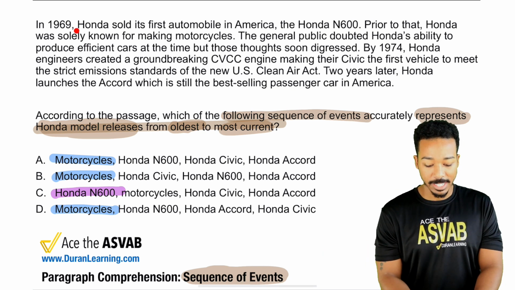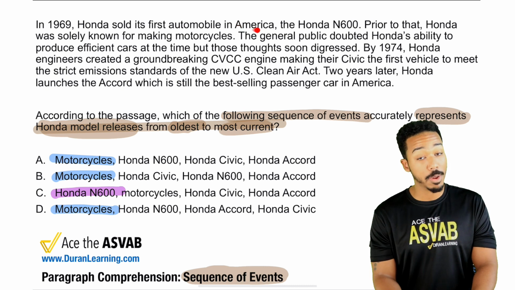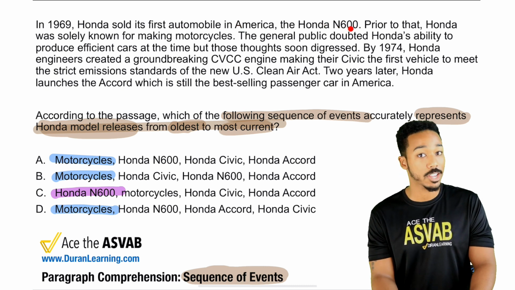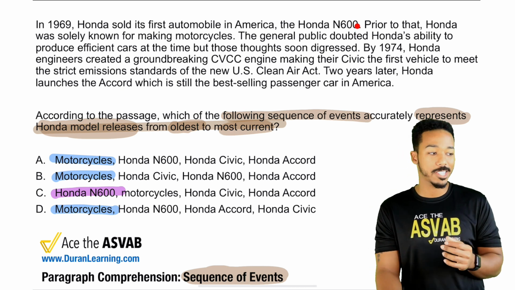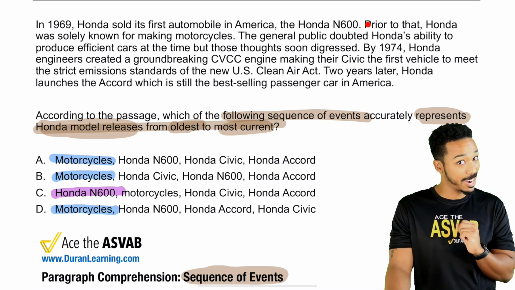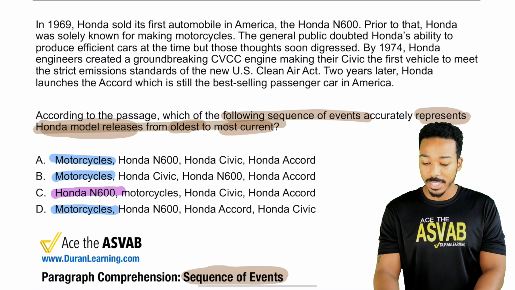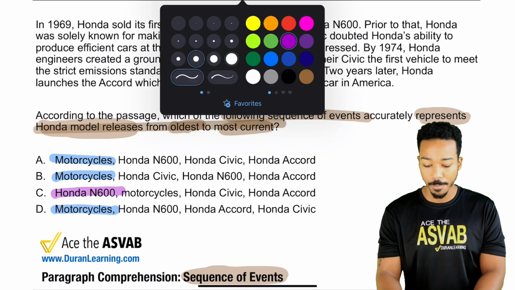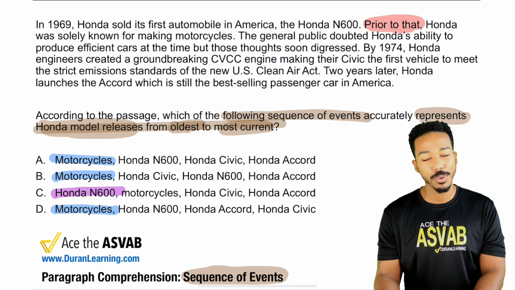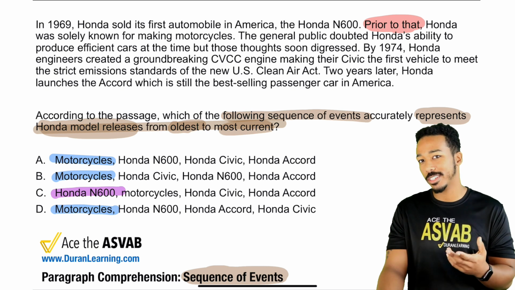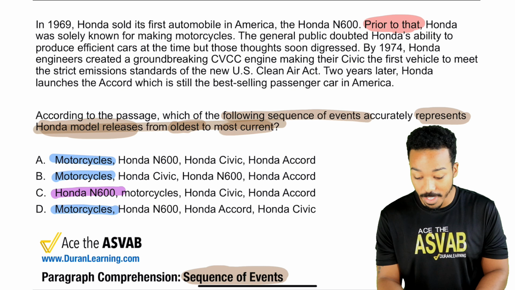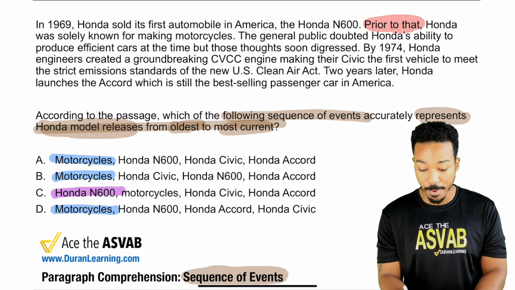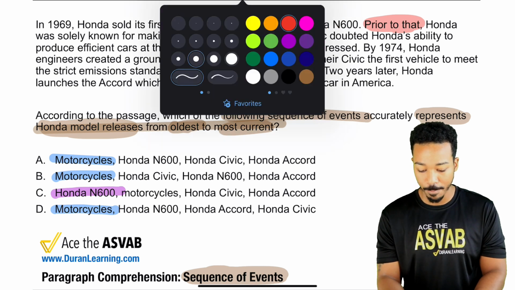In 1969, Honda sold its first automobile in America, the Honda N600. All right, be very careful, because if you read that first sentence and you think that you're all good, be careful, because the next sentence clearly says "prior to that." What does prior mean? Prior to that. Think about it. That means before this event. So before the Honda N600, let me actually use purple here to highlight that.